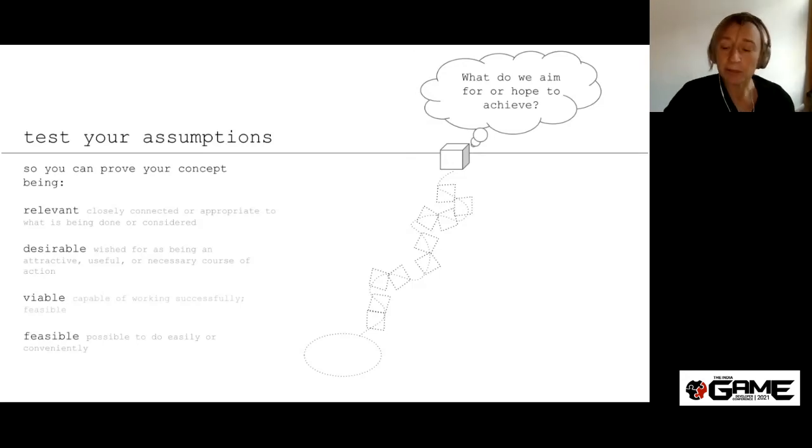So what is great about killing your assumptions is you can prove your concept or your end result, or maybe just halfway the real end result. You can prove it for being relevant, for being desirable, for being viable, and for being feasible.